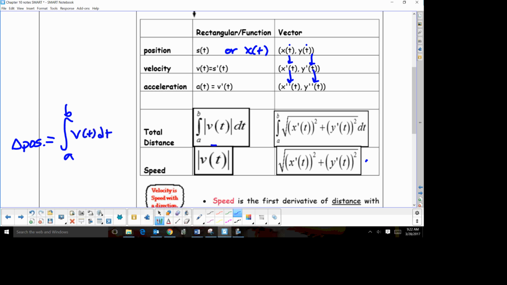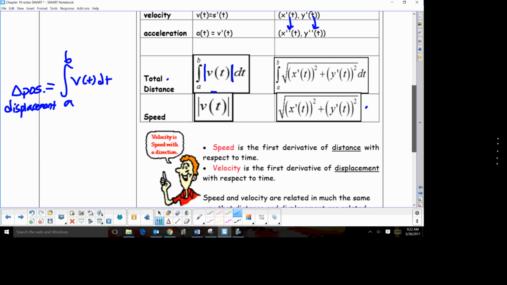I heard it, displacement. Right? So if I drop the absolute value bars, I'm just the change in position or displacement. When I have the absolute value bars, I am dealing with total distance traveled from A to B. Good?